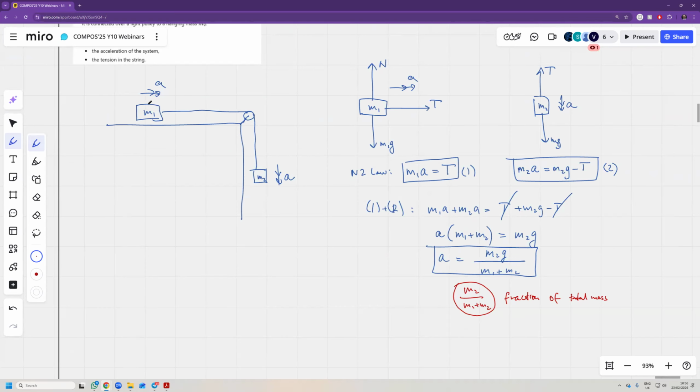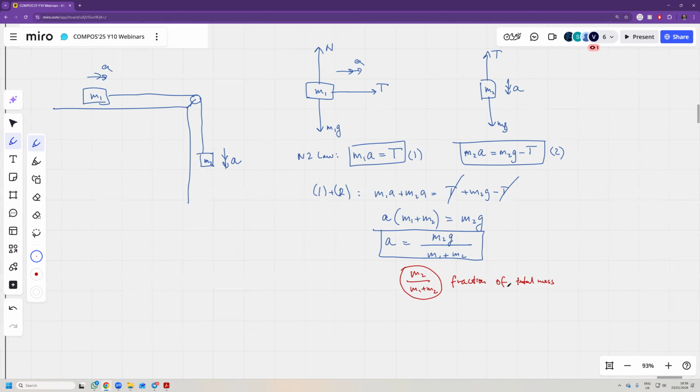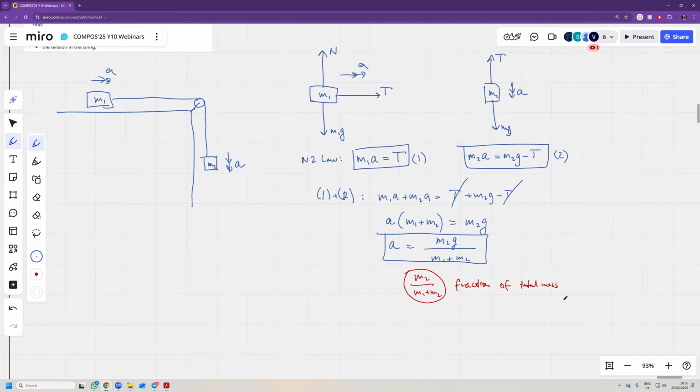Gravity has no effect on M1. So M1 is only being accelerated by the rope, and the rope is being pulled by gravity. So gravity is accelerating both of them. So it's a fraction of the total mass multiplied by g, which makes perfect sense, if you ask me.